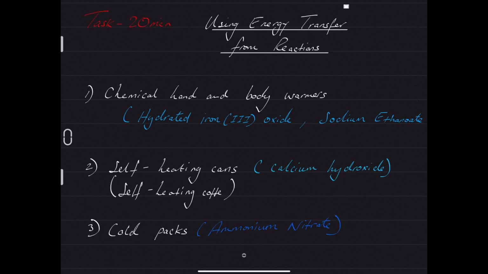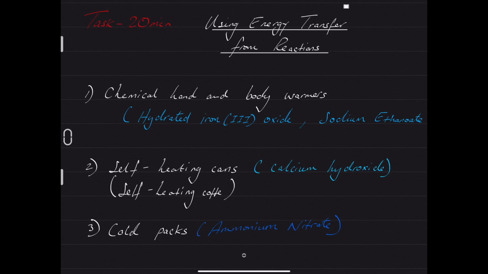So for the first one, you've got chemical hand and body warmers. You're going to have to do a quick search online about chemical hand and body warmers. There's a clue here to help you with your research. I'm giving you hydrated iron oxide and sodium ethanoate. So look for those products or reactants in chemical hand and body warmers.